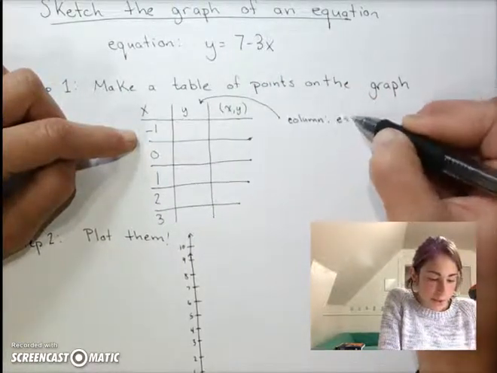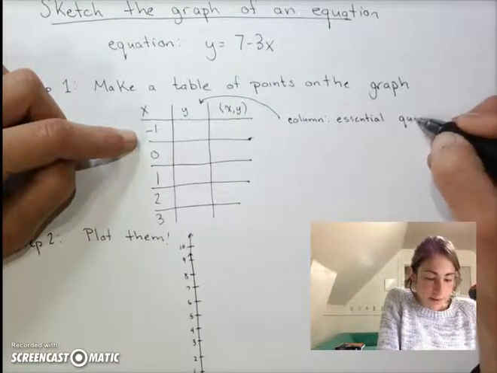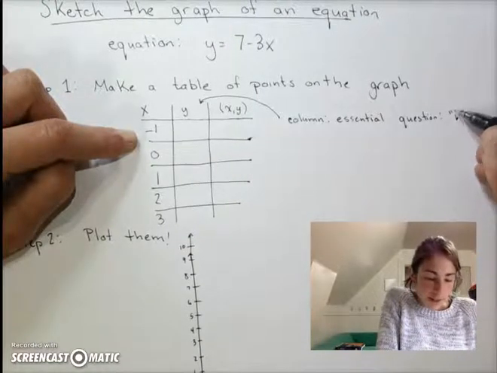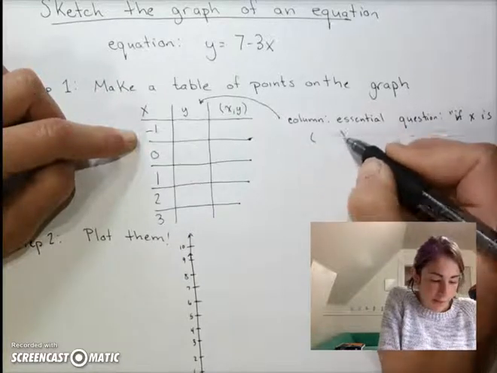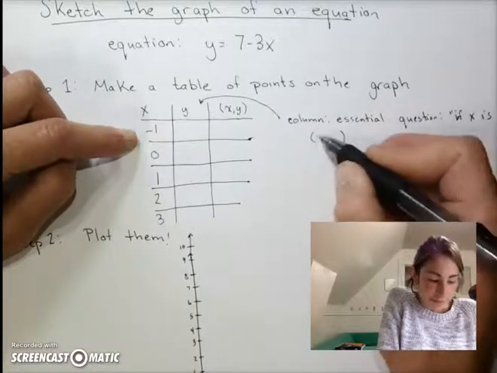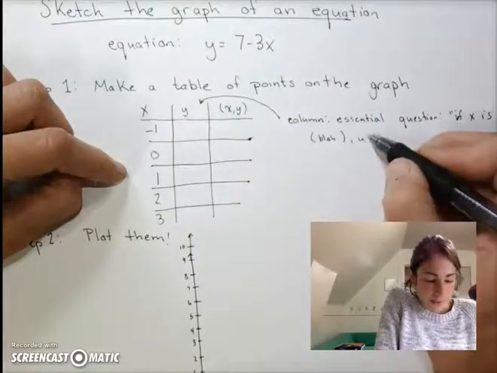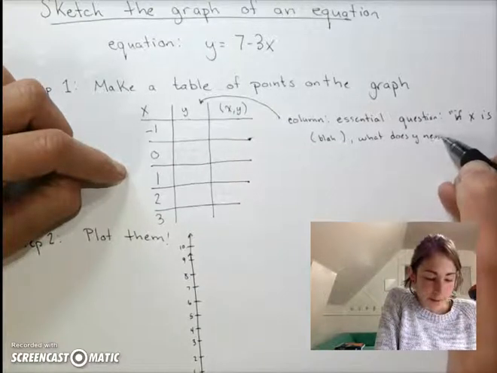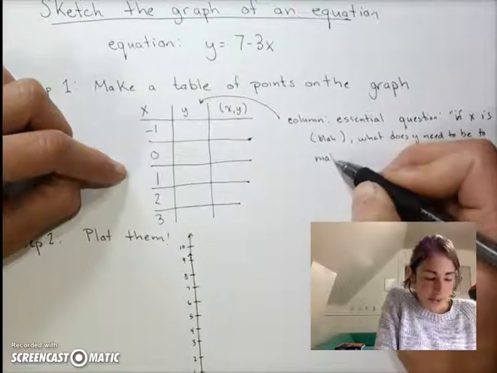So to get this column, the essential question is: if x is blah, fill in the blank, meaning something from this column, what does y need to be to make the equation true?